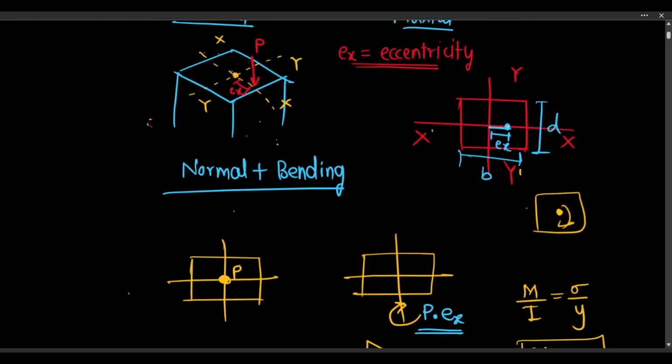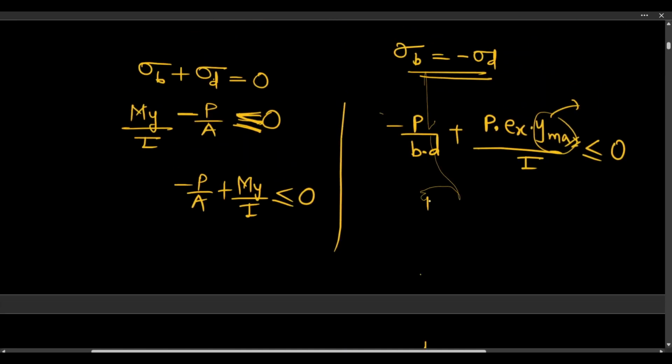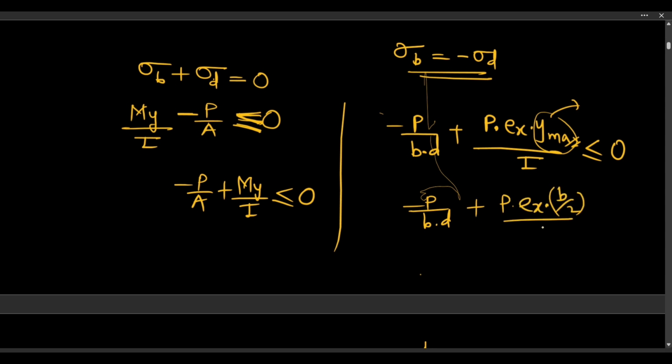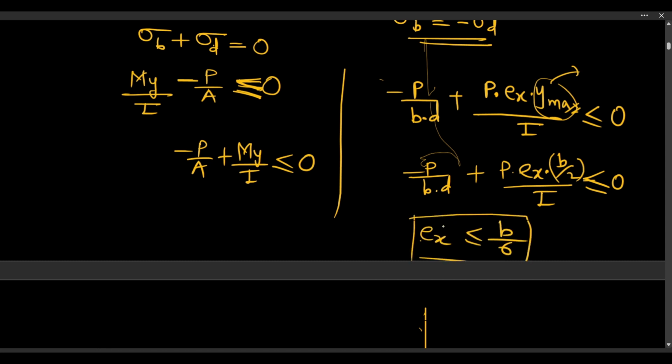The distance is b by 2. So minus P upon b into d plus P into ex into b by 2 upon I is less than or equal to 0. If we cancel out P, ex should be less than or equal to b by 6.